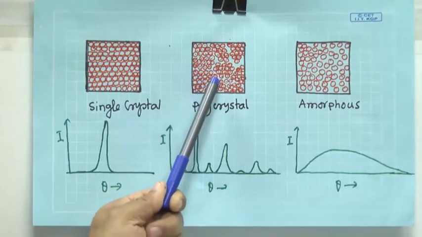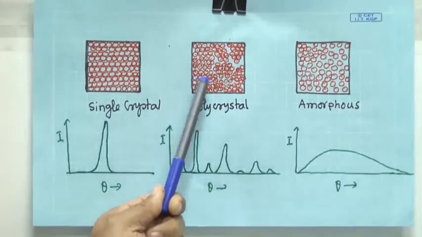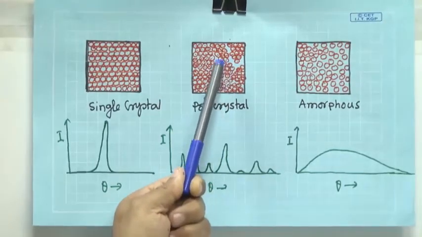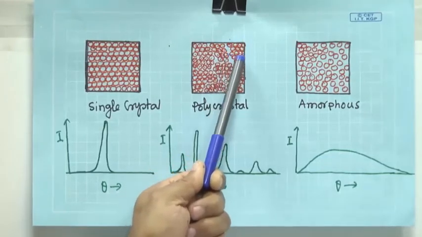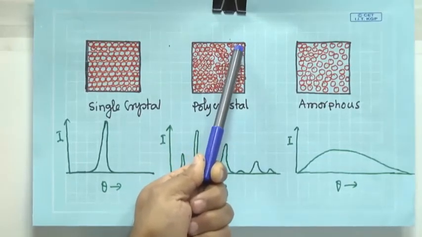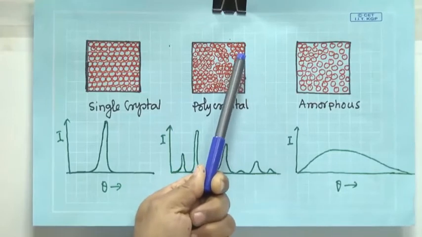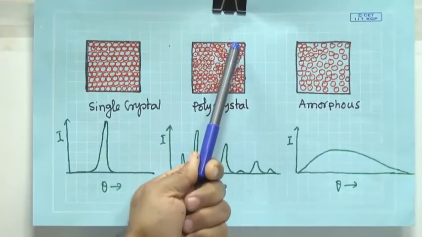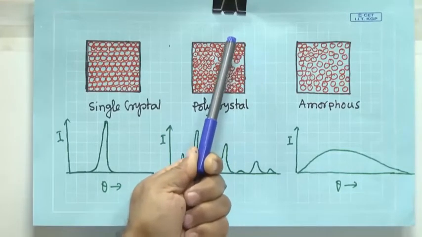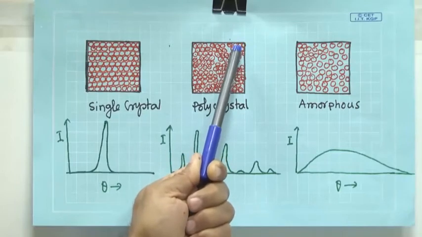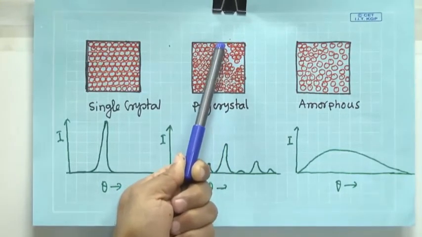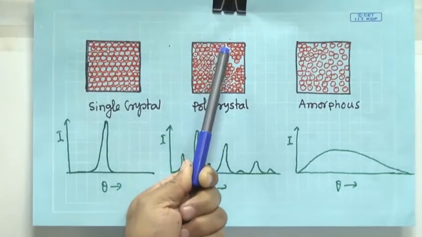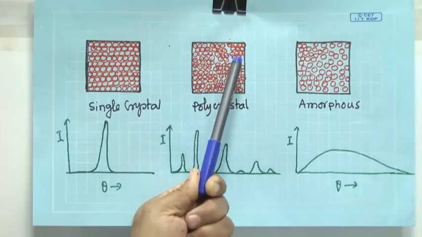If region-wise, in this region it is ordered and in this region it is ordered, we call these grains.